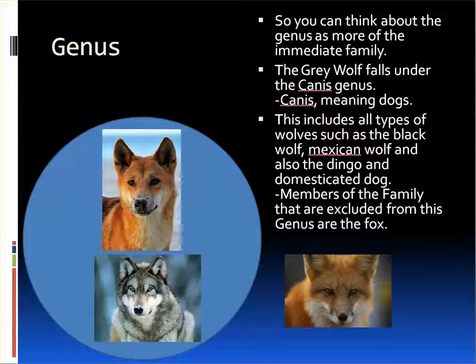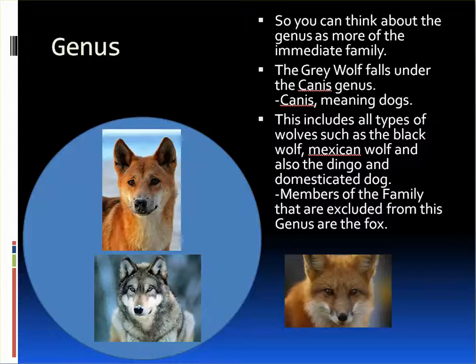However, the fox is more of a slender build and small. So what we have now is the genus category. The dingo and the gray wolf fall under the Canis category. However, the fox falls short in this one. Other members that would have fallen into this Canis category would have been the Mexican wolves and domesticated wolves as well.